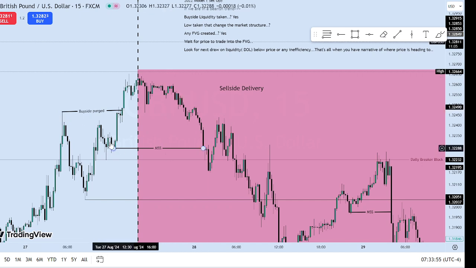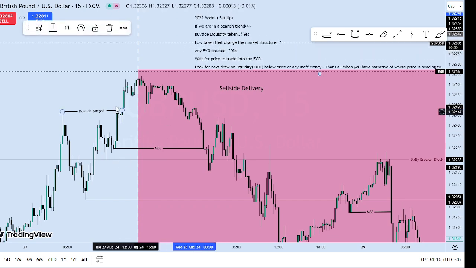So we have taken the low here, which is a market shifting structure. That's the full meaning of the MSS. Market shifting structure signifies that we have shifted from a buying model to a selling model.